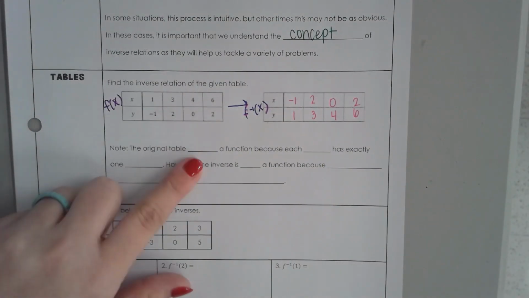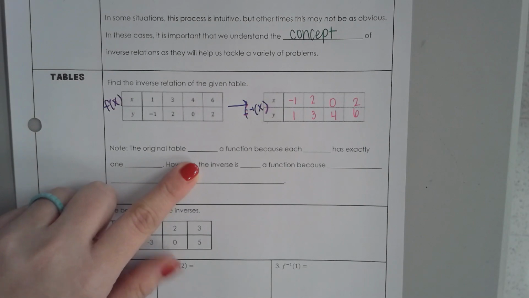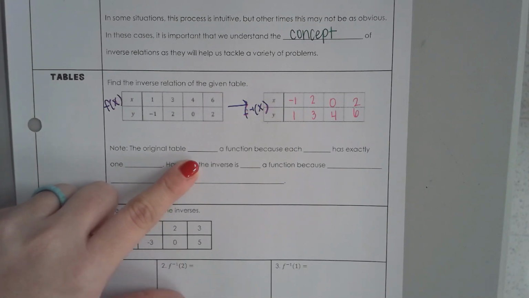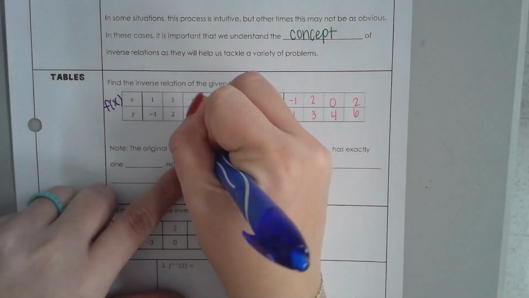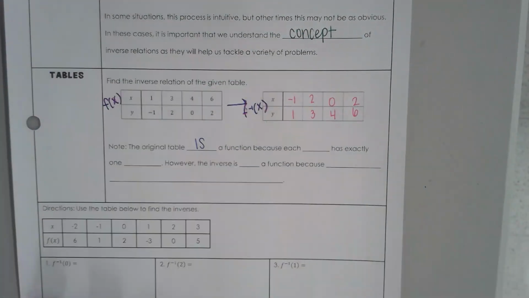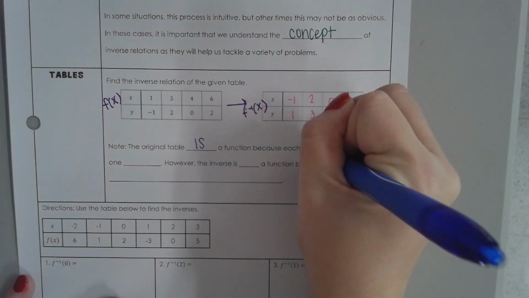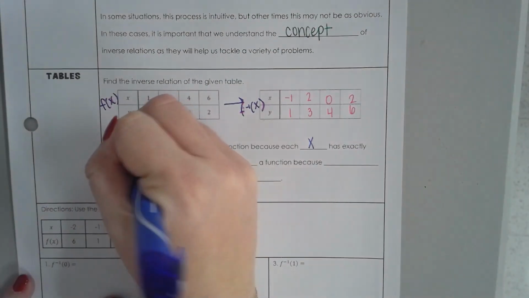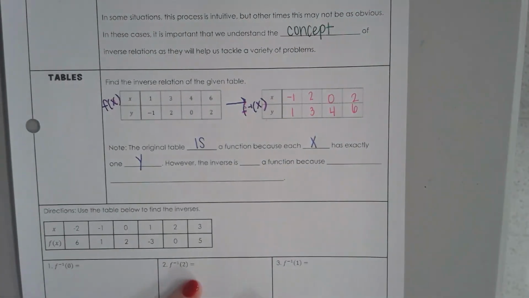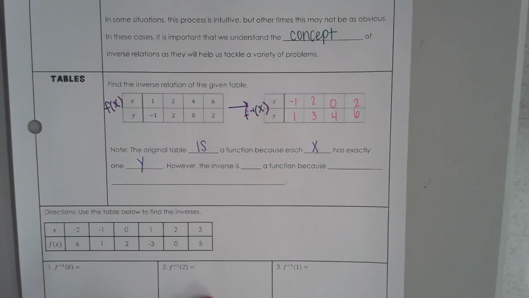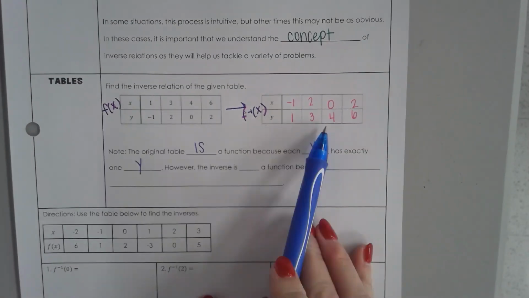Is the original table a function? Yes. The original table is a function because each x has exactly one y. I don't have the same x value going to two different y's. Is the inverse a function?